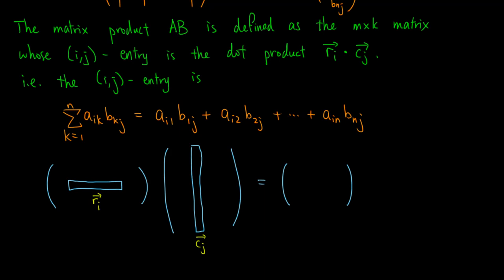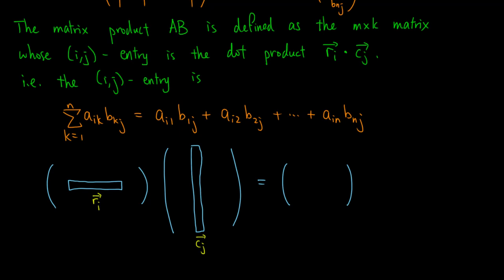We have a matrix of size m by n, and it is written in terms of its rows, so Ri is a horizontal line of entries somewhere in the middle. We have another matrix of size n by k, and it is written in terms of its columns, so Cj is a vertical line of entries somewhere in the middle.